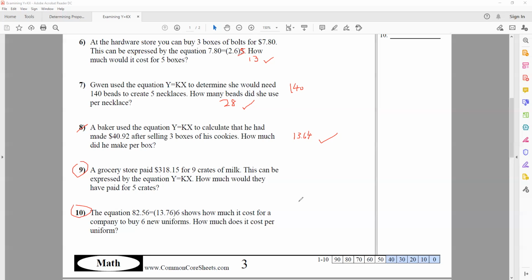Number 9. So this one, I'm not really sure how to do. Am I just supposed to divide it by 5? Before you divide, not 5. This is the ratio you want to figure out first. Oh, right. Got it. And then multiply it by 5.